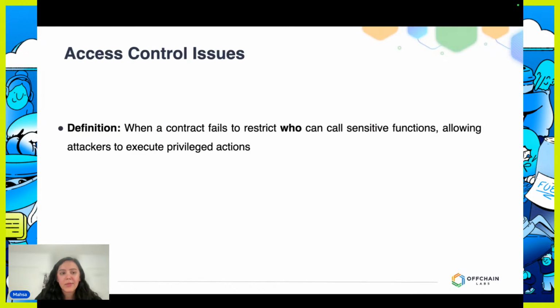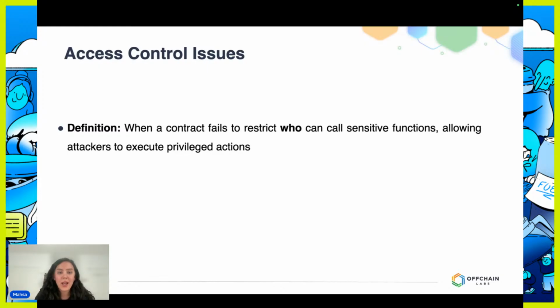All right, moving to the next vulnerability, which is access control issues. This vulnerability occurs when a contract fails to properly restrict who can call sensitive functions from the outside. If it happens, it allows the attacker to take control of your contract, so they can drain funds, they can issue tokens, or in the worst extreme case, they can even destroy the contract.